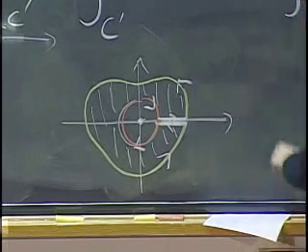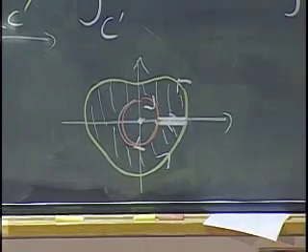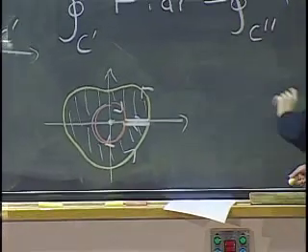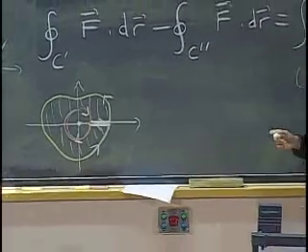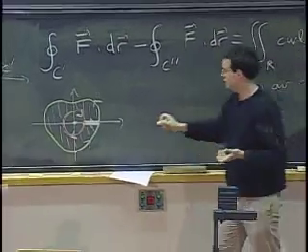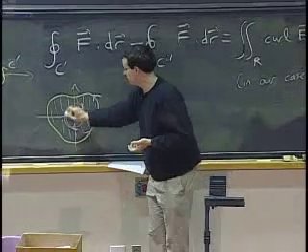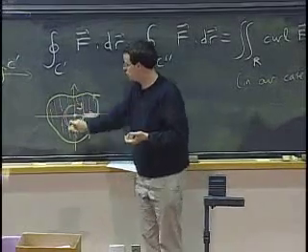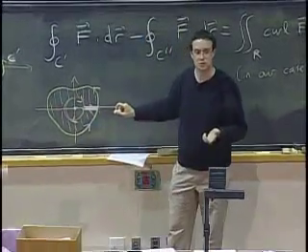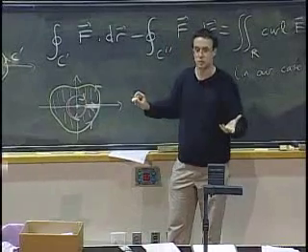So if I take the line integral along this big curve, consisting of all these pieces, now I can apply Green's theorem to that, because it is a usual counterclockwise curve that goes around a region where my field is well defined. See, I've eliminated the origin from the picture.